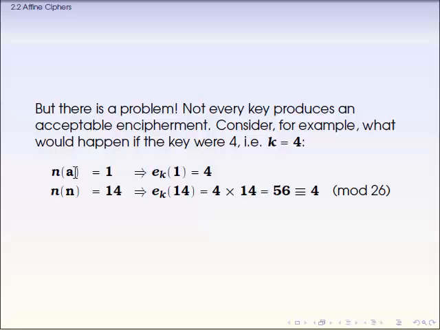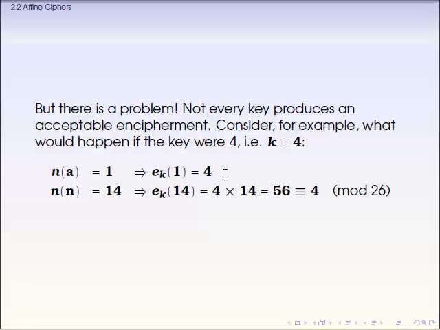So if you have A and N in your plain text, both of them are assigned to the number 4, which is D. So when you change back to the original plain text from the ciphertext, you're not going to get A or N. You might get just A or N for both.